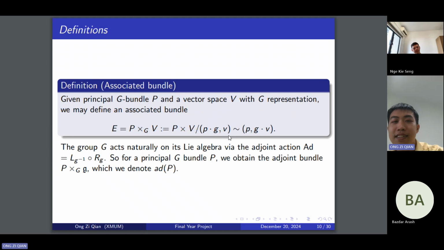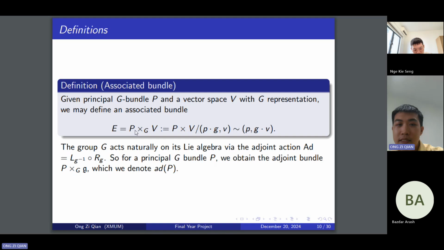Then next, if we have a principal G bundle and a vector space, and they both have the structure of G, then we can have an associated bundle.